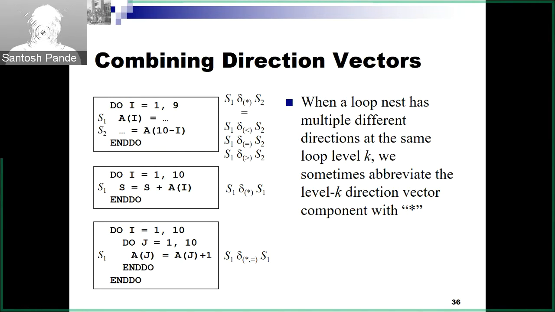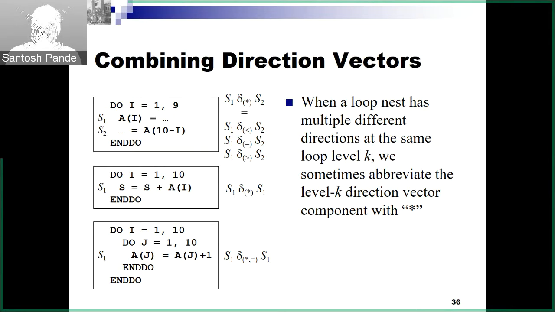So you can see that in the second example, S is equal to S plus A of I, we have a star. The main reason for that is we have an anti-dependence, which is going from the read of S to the write of S in the same iteration. So that's an equal to kind of dependence.